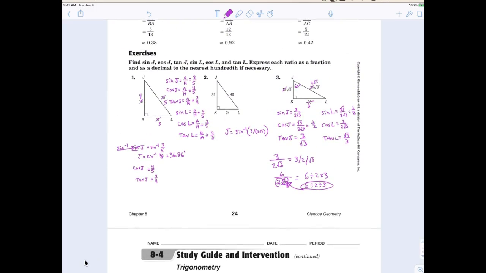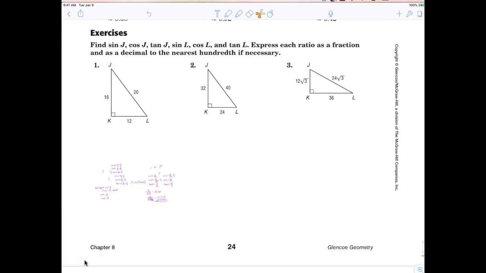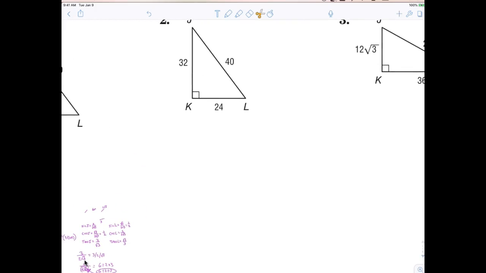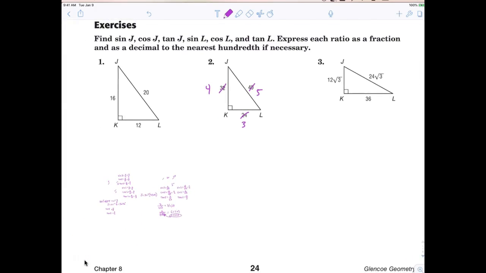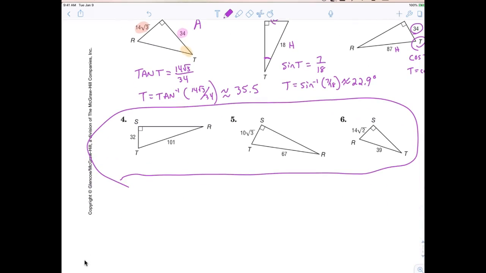And then just for my benefit, I really want you to write the ratios for question number 2. But before we do that, let's remind ourselves that I can divide everything through by what? 8. So this would be a 4, 5. Wow, isn't that the same as number? That's the same. So here's what I want: write the sine, cosine, tangent for J and L for number 2. And then I want you to do 4, 5, and 6.